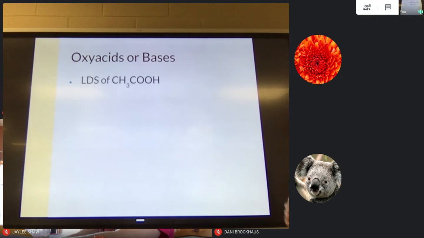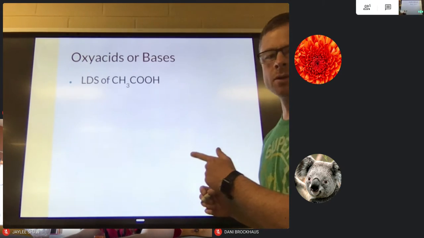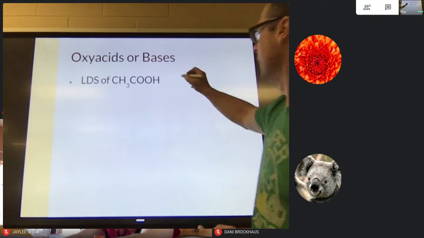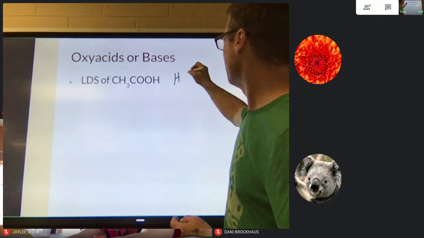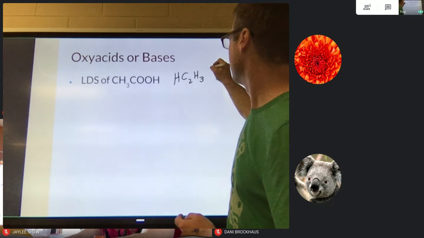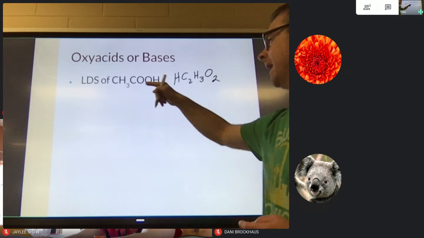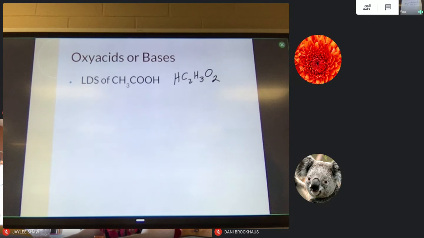All right. Now, the big topic of today is the oxyacids. Now, this chemical is not written like this in your book. This is acetic acid, but I wrote it this way because this is what old school professors write it as. It's its structural formula. But I also wrote it this way because I'm going to show you how the Lewis dot structure of this influences its acidic behavior.